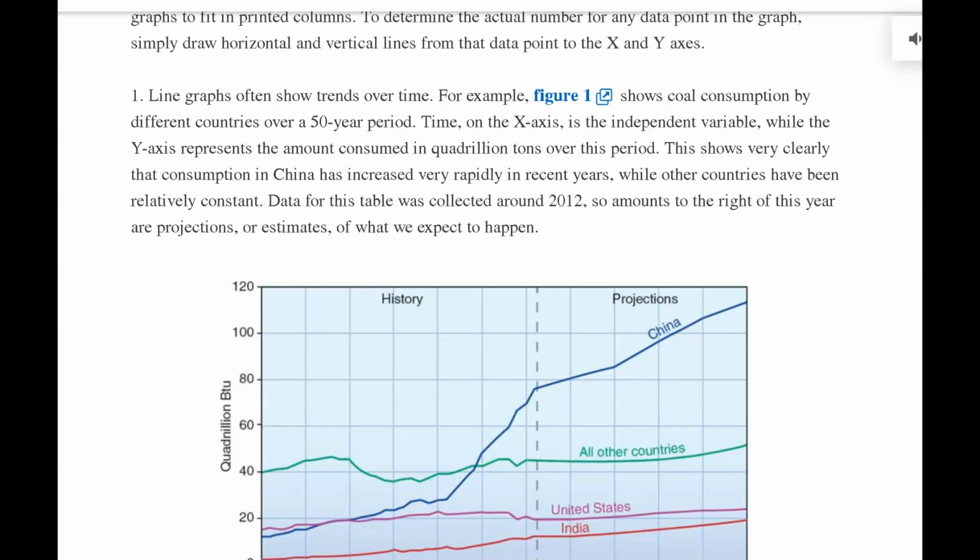And actually, if we pay attention here and we will read the description of this graph in the textbook, it says that data for this graph were collected in 2012.